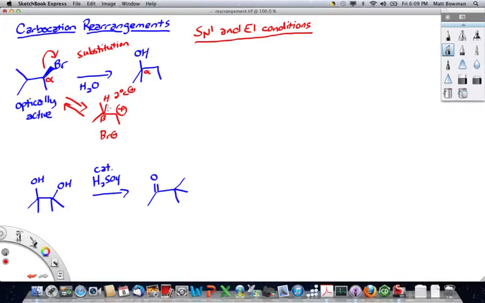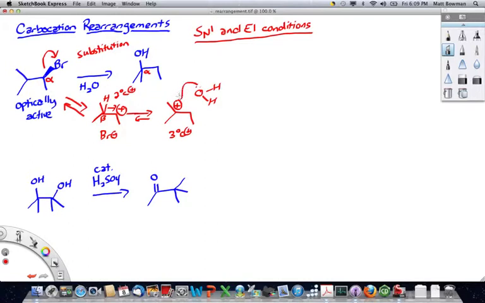If I shift this hydrogen over, we get a tertiary carbocation. A tertiary carbocation is less likely to go back to the secondary carbocation because the tertiary carbocation is more stable. The driving force in this reaction is you're going from a secondary carbocation to a more stable tertiary carbocation.